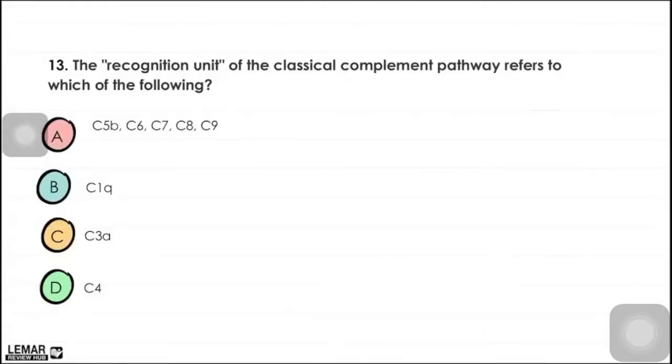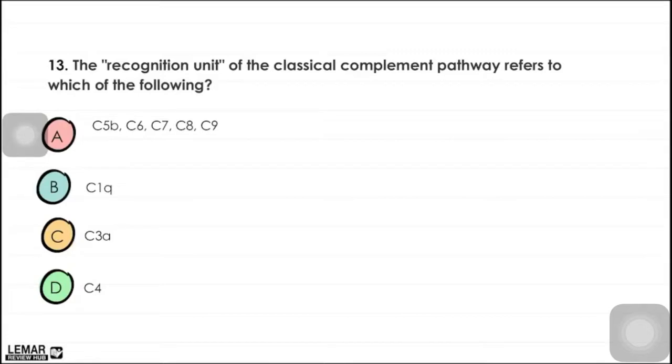Number 13. The recognition unit of the classical complement pathway refers to which of the following? Letter A, C5b, C6, C7, C8, C9, B, C1q, C, C3a, or letter D, C4. For number 13, as described in the classical complement pathway, the recognition unit is C1q.